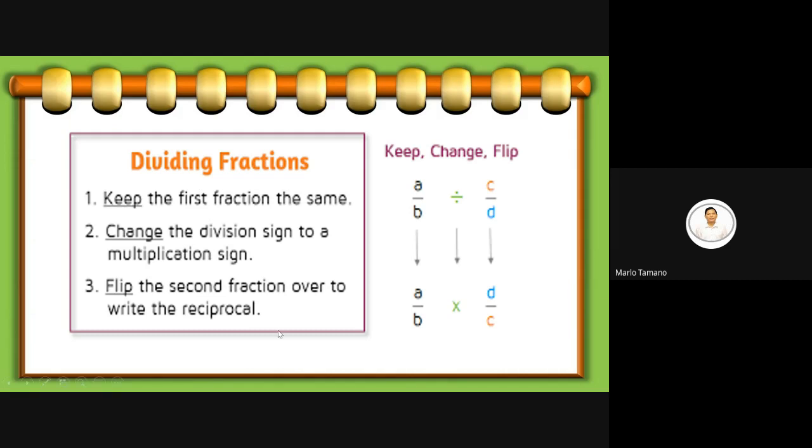So tingnan natin. Number 1, keep the first fraction the same. For example, A/B is your first fraction. So A over B, meaning keep. Pabayaan lang po, kopyahin nyo lang. So A over B. Then number 2, change.